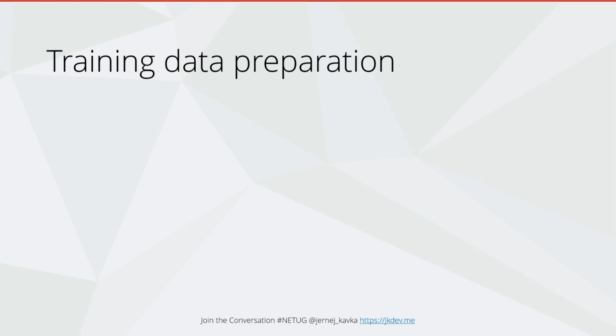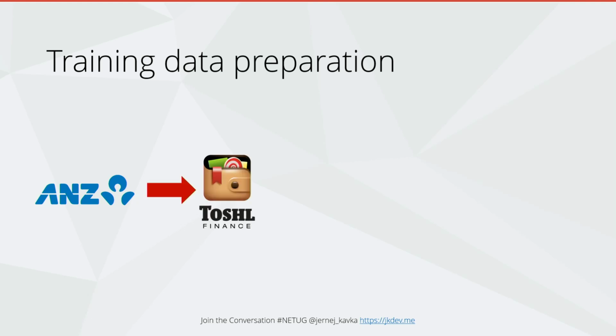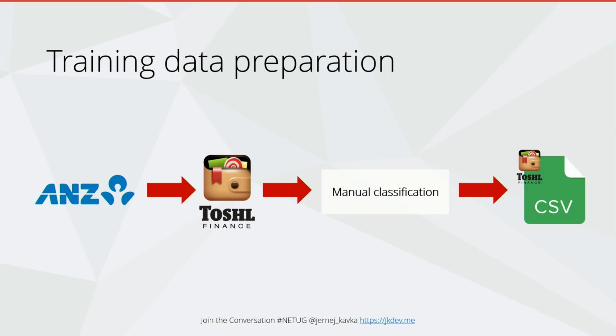Now, I was very lucky because my training data was actually my own data in the bank. I then had to use a financial app that knows how to transfer data into my mobile app, where I could do manual classification of all the transactions with proper categories.